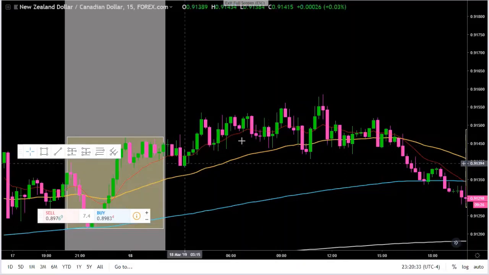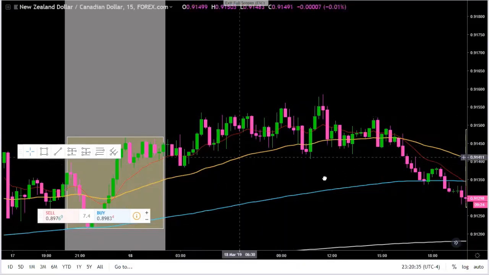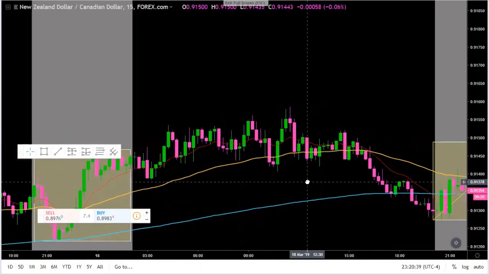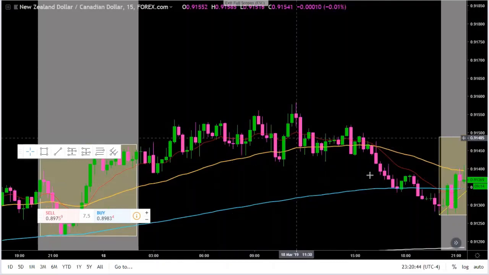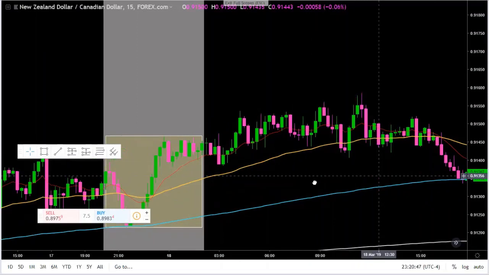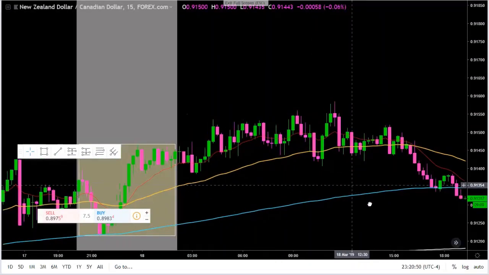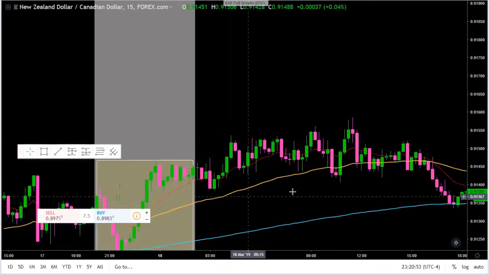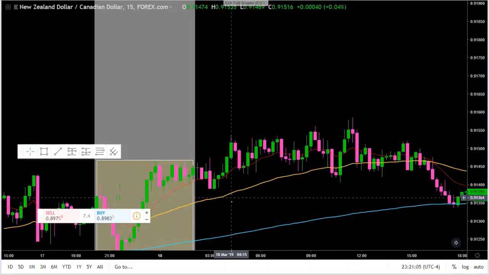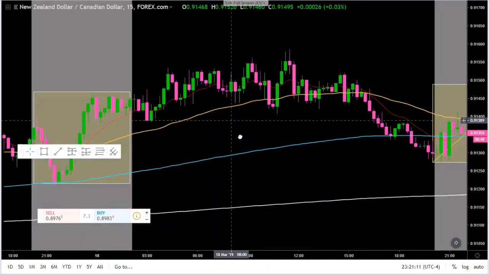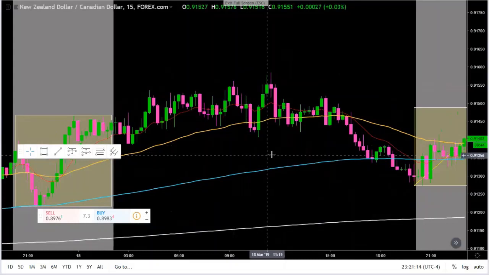The EMAs are all under it, which normally indicates a buy, but a couple of them are actually slashing through price, which is more indecisive. So this day of trading, I would have gone back to sleep, especially since there wasn't any move happening all day, nothing. So I would have definitely gone back to sleep around 3 or 4 a.m. And then I would have woken up in the New York session to see what plays out.